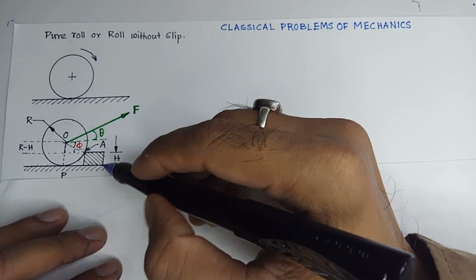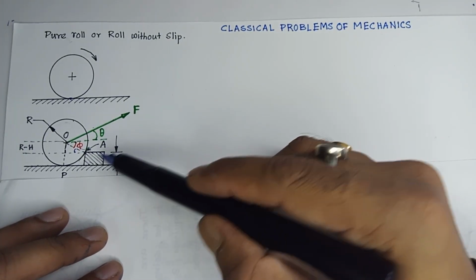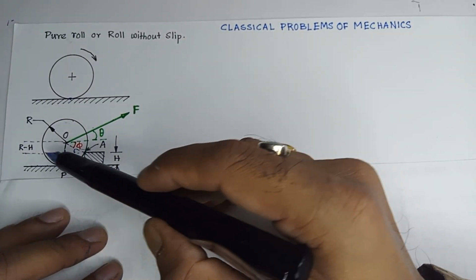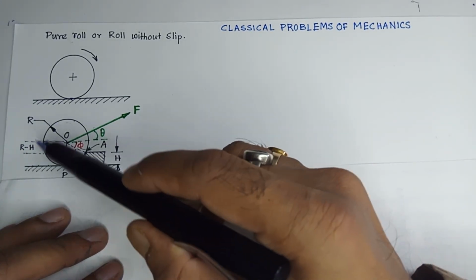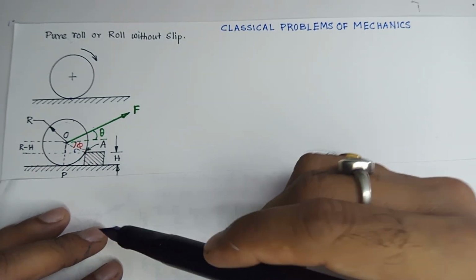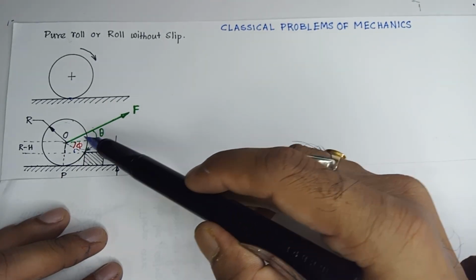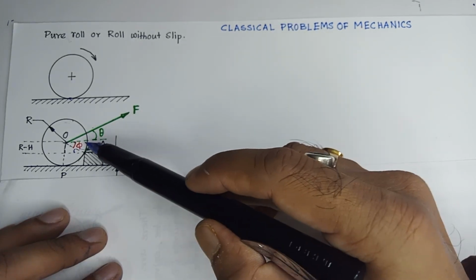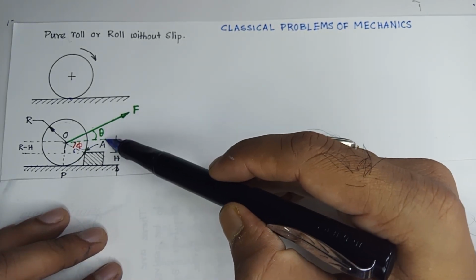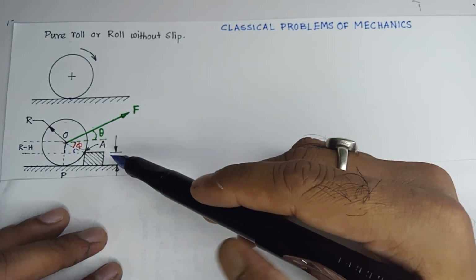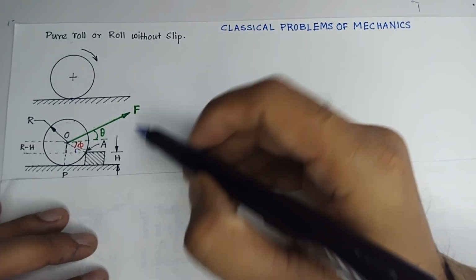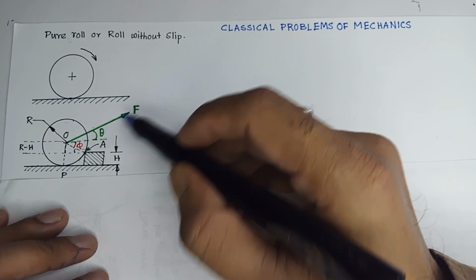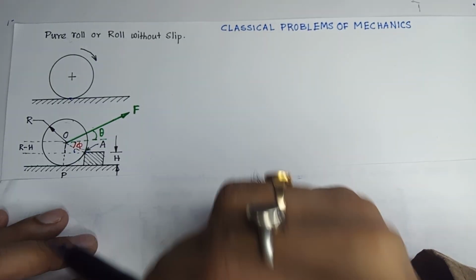The obstacle dimension is given: the height of the obstacle is H, and the radius of the disc is R. And for this problem, the force is a general force with an angle theta with the horizontal. That means it is above the horizontal and making an angle theta with the horizontal. So we have to determine F for the condition that it can tip over at this point.